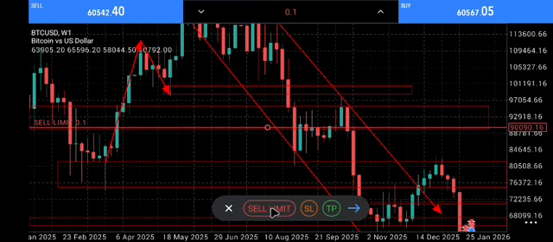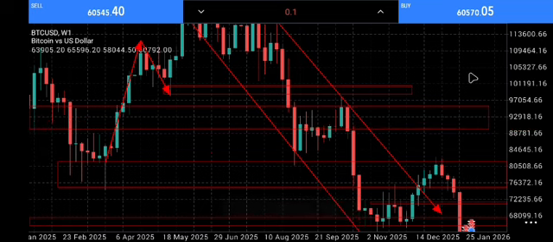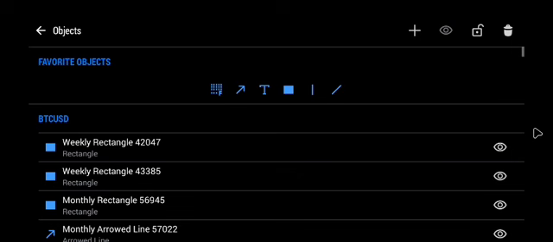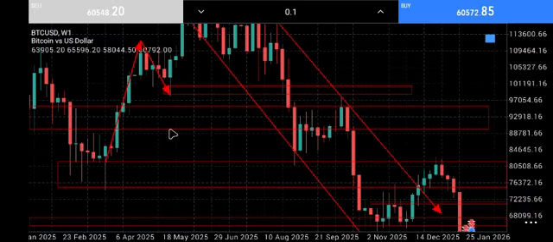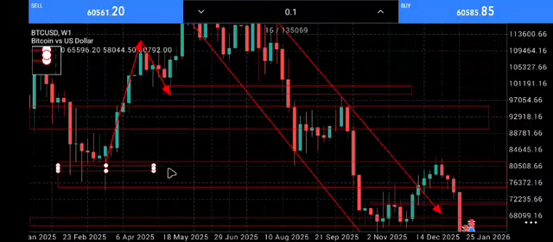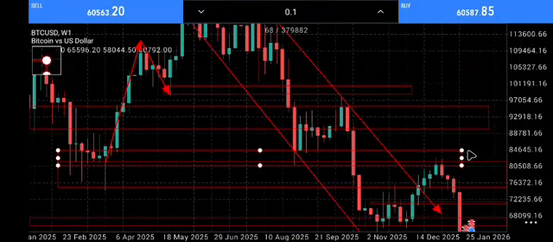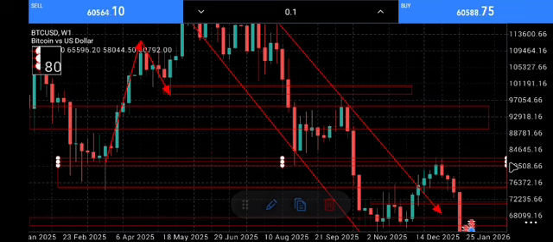So if I put a sell limit, let's say I was anticipating that because of this support area that I'm marking, I was speculating that when the price gets here, it will drop down to somewhere here.